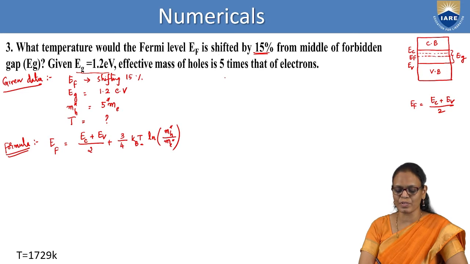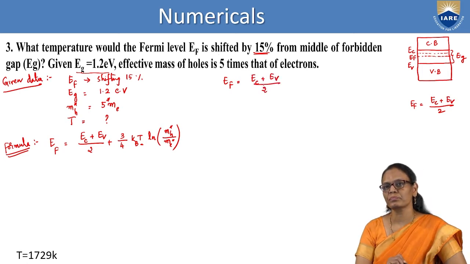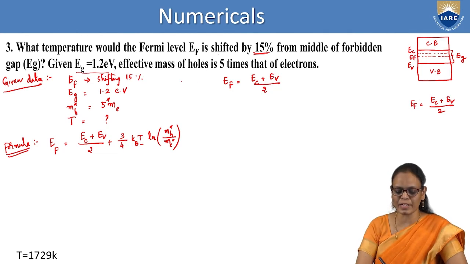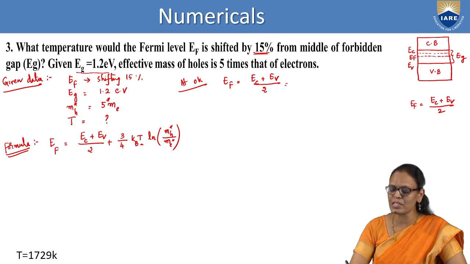First thing we are going to write is EF is equal to (EC plus EV) by 2. This is at 0 Kelvin, at the center. Now, I can also write it in another way. The Fermi level lies exactly in between the energy gap Eg, and Eg is equal to 1.2.